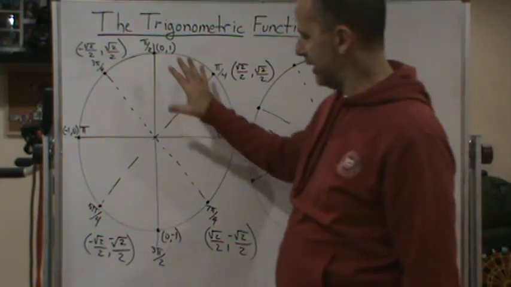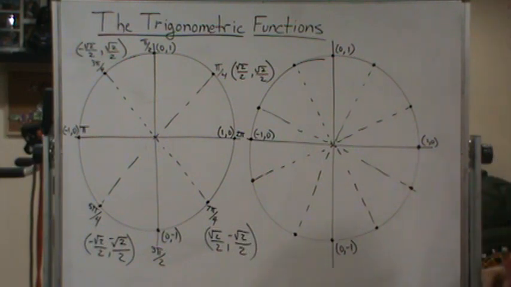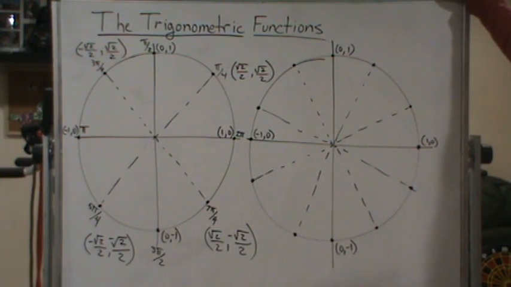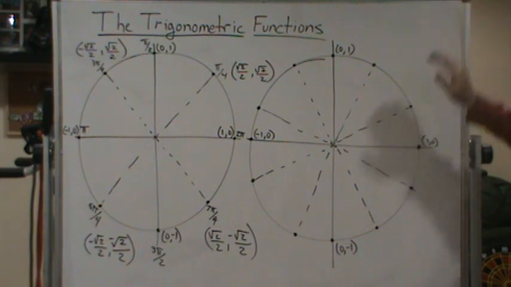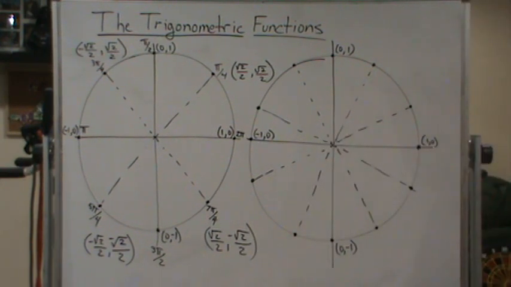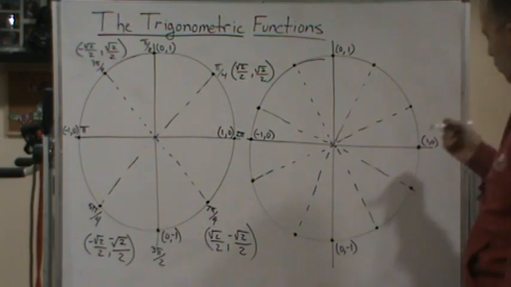So here we divided it into 8. Here we're going to divide it into 12 equal pieces. And so obviously if we take 360 divided by 12, we get 30. So each one of these segments represents a 30-degree angle. Okay? So again in radians, let's write that out.